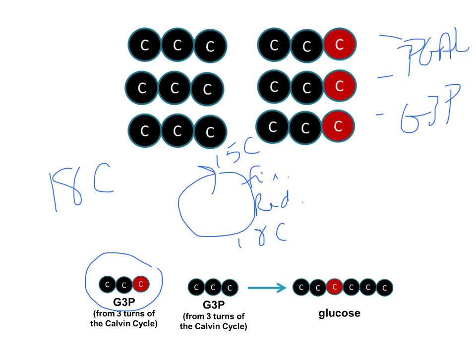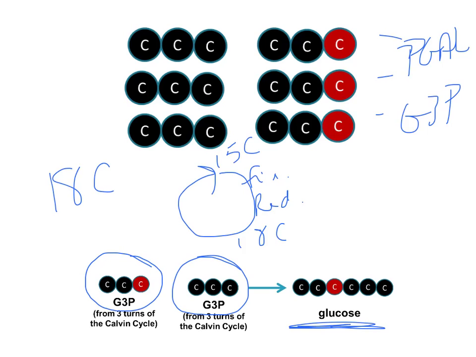You can see them here. Here's one of the G3P molecules. The Calvin cycle has been turning. It's made these G3P molecules. It's going to exit. Here's another one that exits from the Calvin cycle turning. Those essentially, quote-unquote, extra G3P and pGal molecules that have exited are going to be combined to form my glucose.